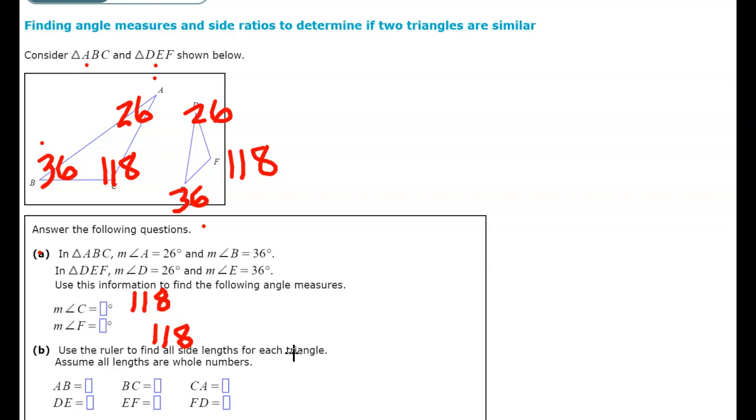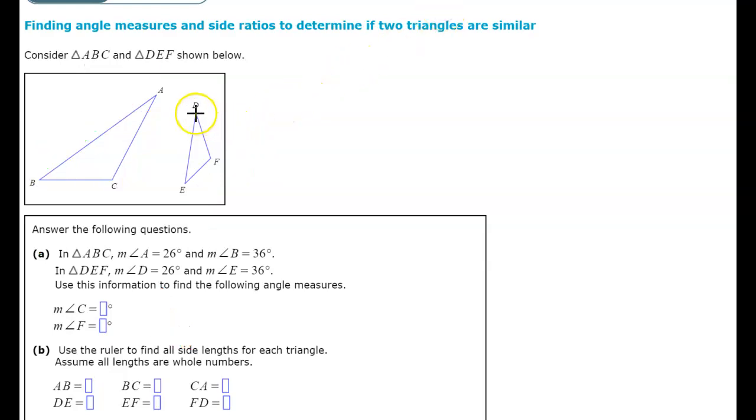So what you guys will have to do is for A to B, you're just going to use a ruler and figure out the distance from here to here. And for D to E, you'll do the same thing. And you'll finish that up with BC, EF, CA, and FD. Okay, that seems like it's pretty easy.